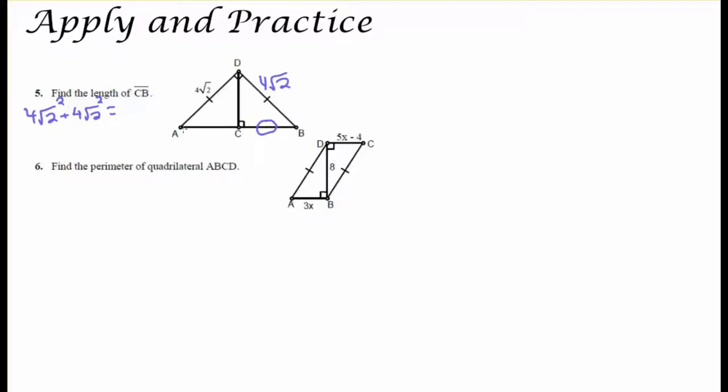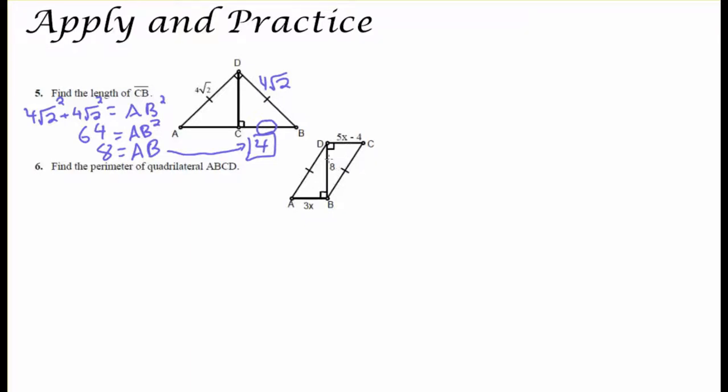So 4 root 2 squared plus 4 root 2 squared should equal AB squared. So AB squared will end up being equal to 32 plus 32, since 4 root 2 squared is 32. So AB squared is 64 and AB is 8. So if the entirety of AB is 8, CB should end up being just 4 because CB will be half of that hypotenuse.